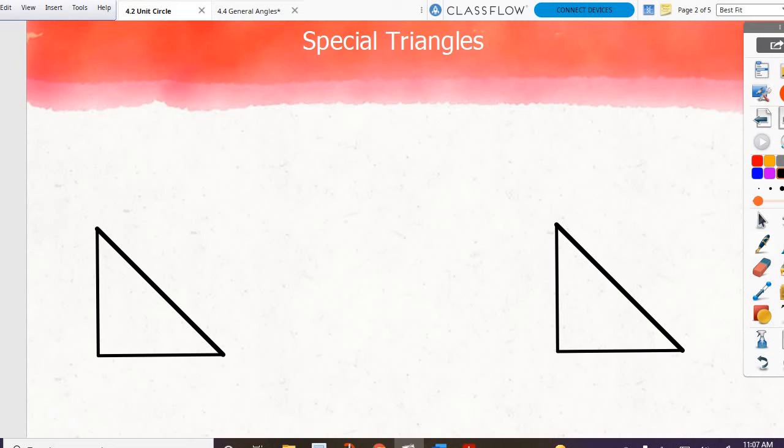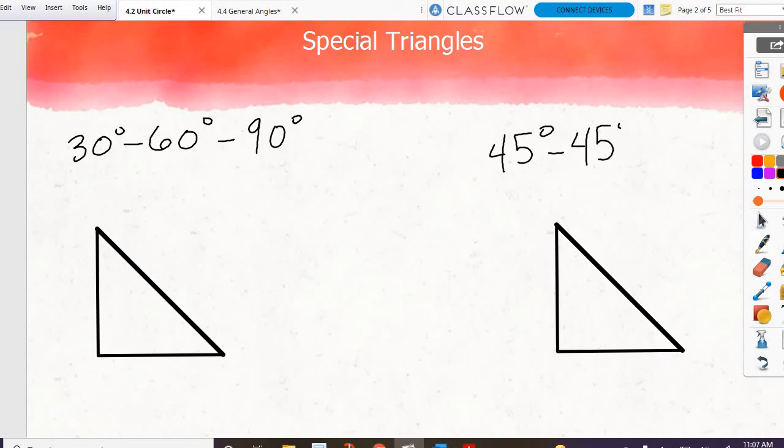In order to be able to do that, we need to remind ourselves of some of our special triangles. So what were the two special triangles that we talked about last week? A 30, 60, 90, and a 45, 45, 90.